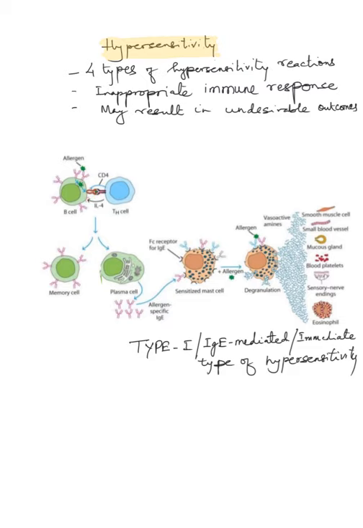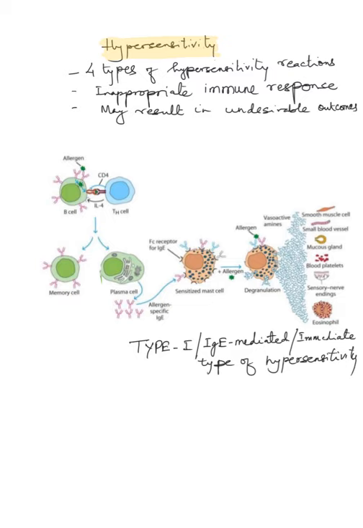So this antigenic peptide will be recognized by the TCR receptor, T cell receptor, and the T cells that will recognize it will have CD4 receptor on them. So CD4 recognizes the MHC2, and the TCR will recognize the antigenic peptide.